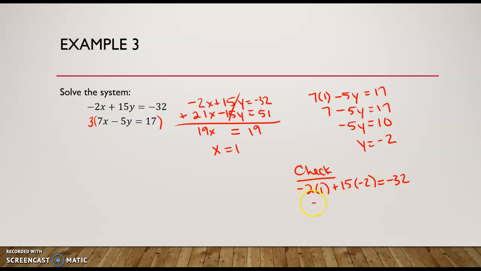So negative 2 times 1 is negative 2, plus 15 times negative 2 is going to be negative 30. Both of them are negative, so we'll add and keep the sign, so we end up with negative 32 equals negative 32. And so our answer, written as a coordinate point, is 1 comma negative 2.